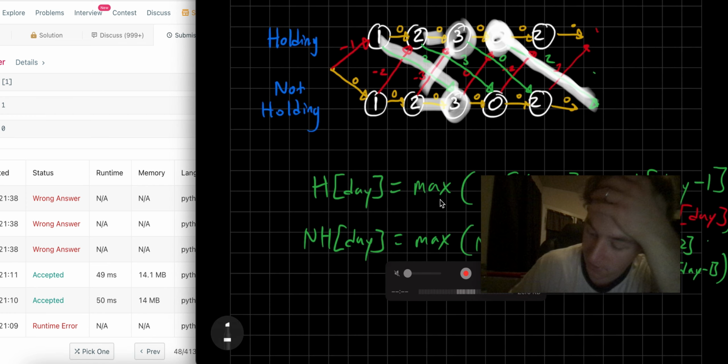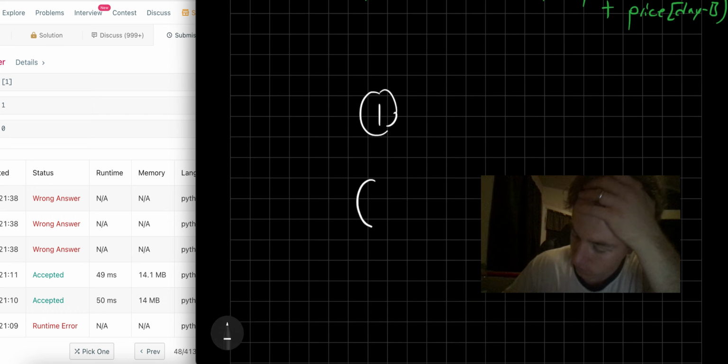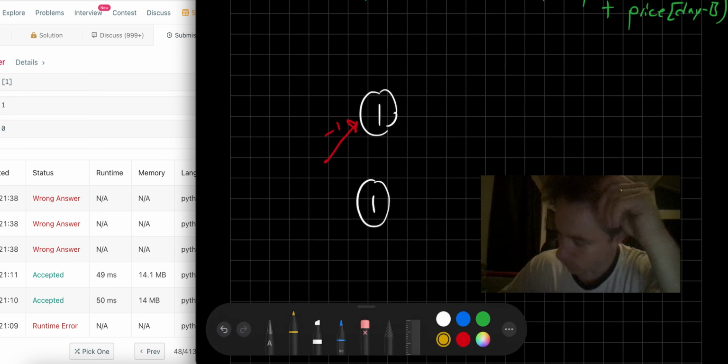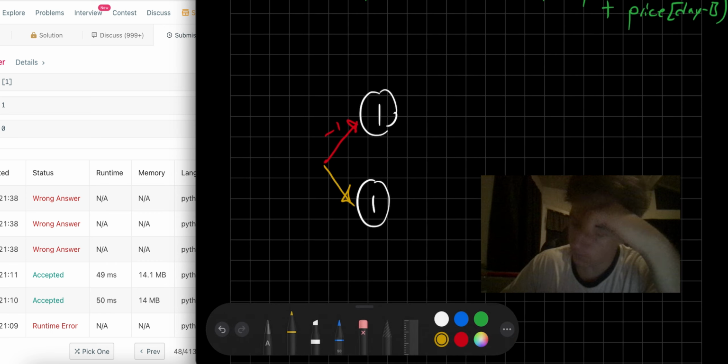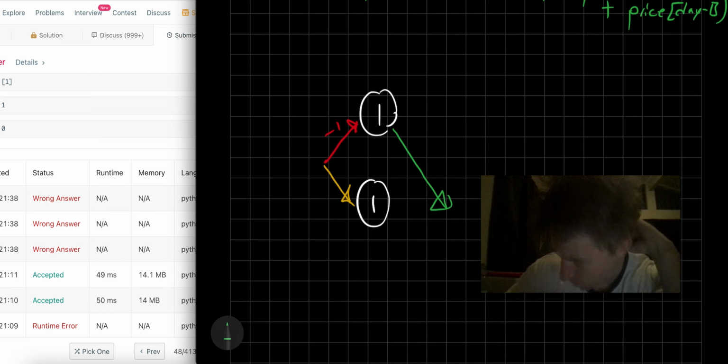Okay, so let's think about this in terms of one element. Yikes, man, I apologize. So 1 can either decide to sell it or do nothing. And I could sell it here and I could get 1.